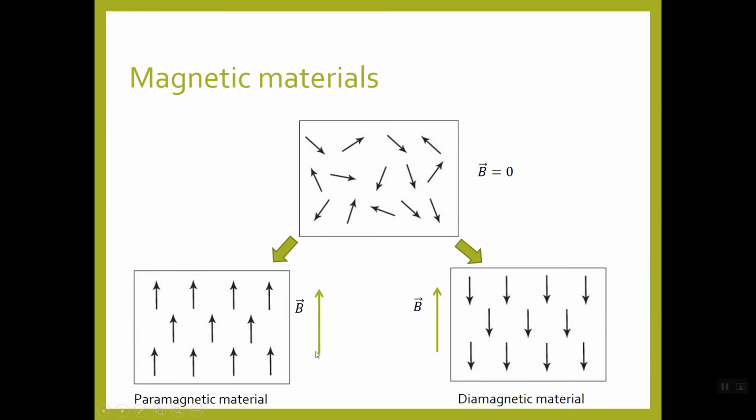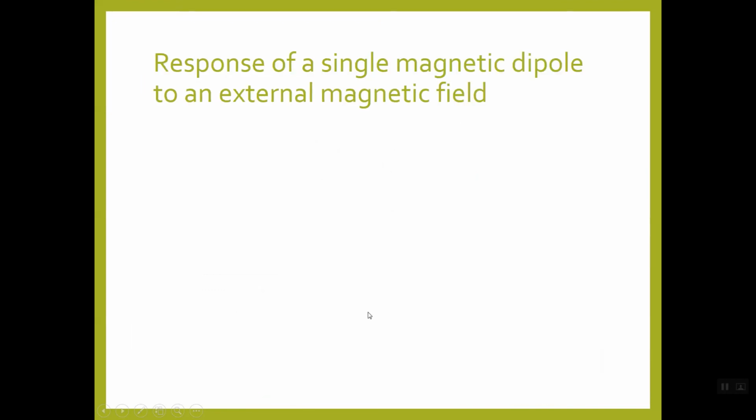If we now place a magnetic field in the vicinity of a paramagnetic material, the dipole moments will align in the same direction as the magnetic field. In a diamagnetic material, when we turn on a magnetic field, the dipole moments will align in the opposite direction of the magnetic field. So now we're going to look at the response of a single magnetic dipole to an external magnetic field.